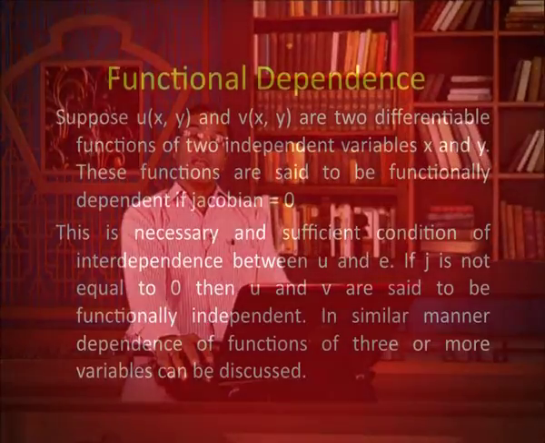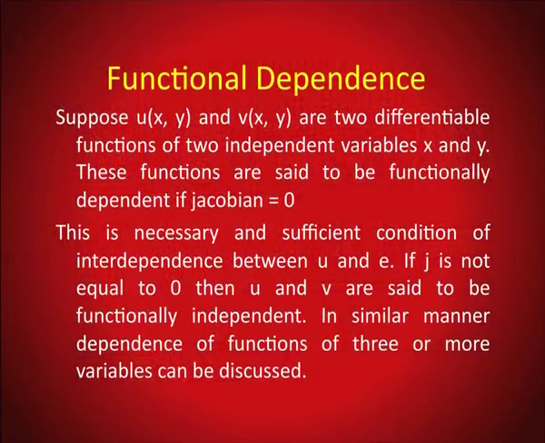Now, I will explain the functional independence and dependence using the concept of Jacobian. Suppose u(x,y) and v(x,y) are two differentiable functions of two independent variables x and y. These functions are said to be functionally dependent if their Jacobian value is equal to 0.